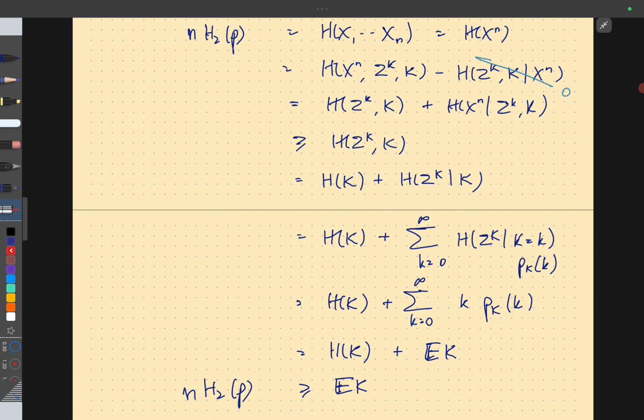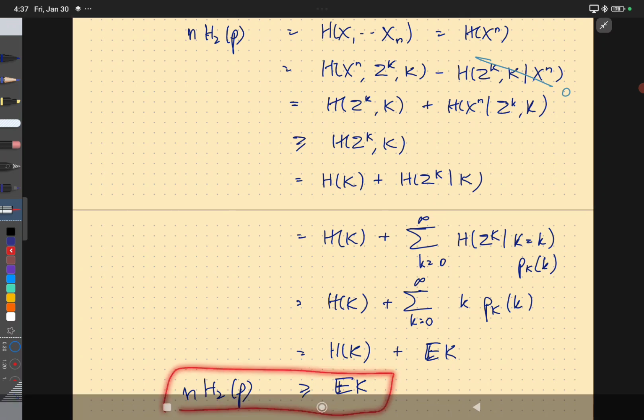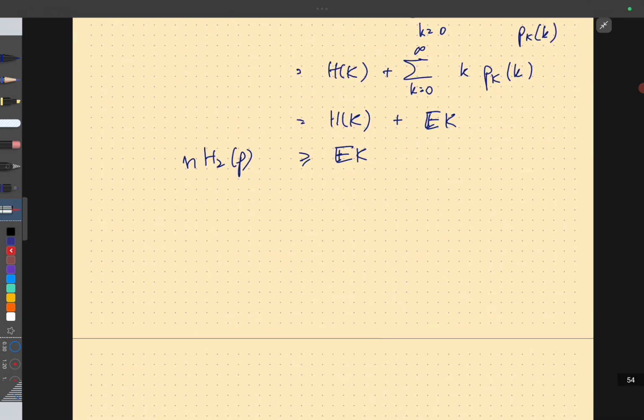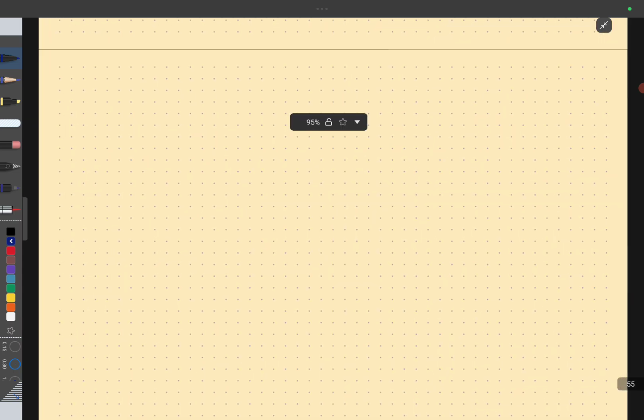As long as there's no additional randomness that is introduced into the system, all of these inequalities hold true, and this gives you a fundamental lower bound. So the first we'll see is what is called the data processing inequality.